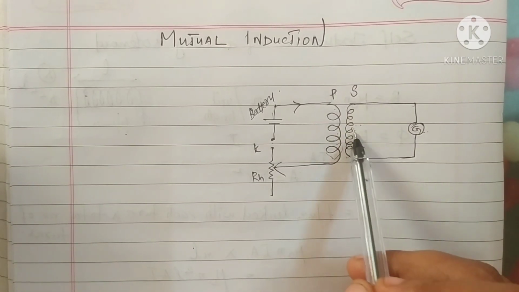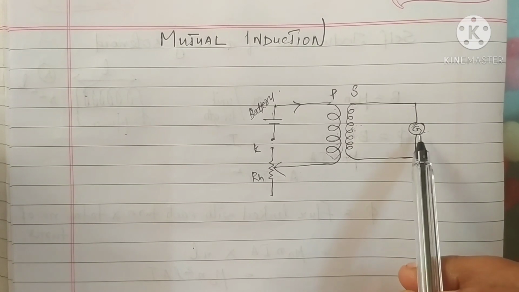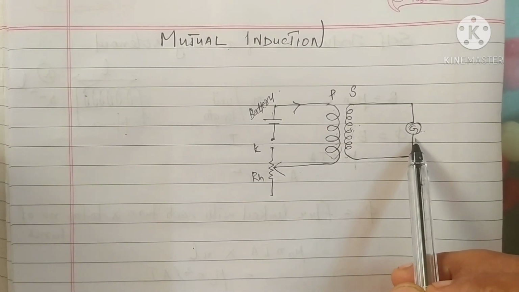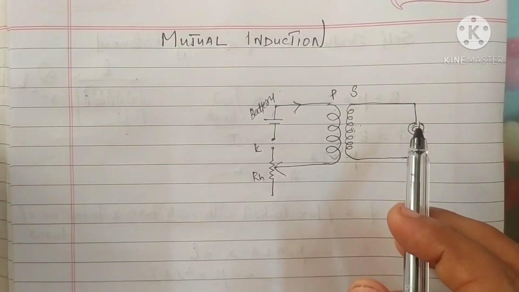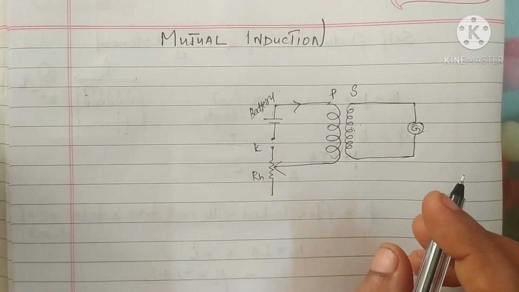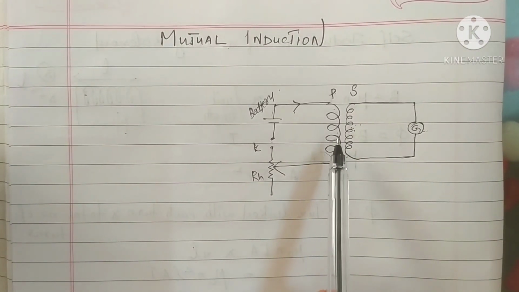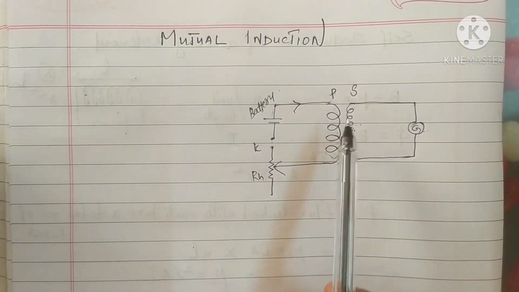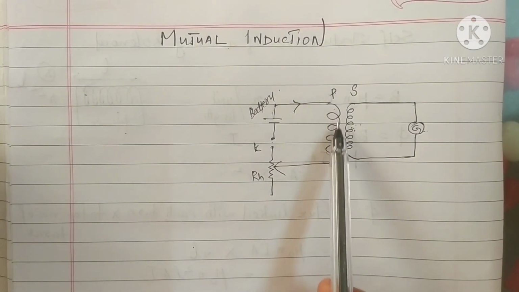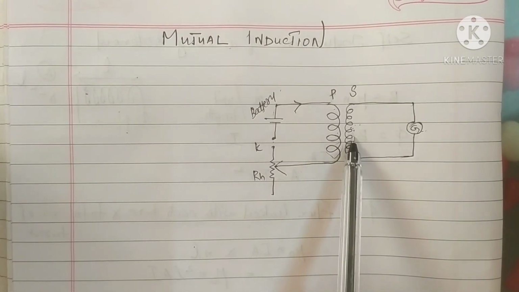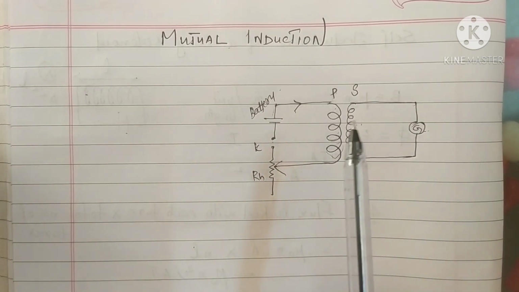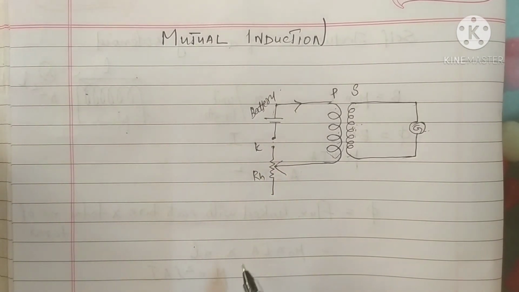So an induced current is produced and the galvanometer shows a deflection. Coil P is the primary coil and coil S is the secondary coil. Here, because of passing current through the primary coil, it induces an EMF in the secondary coil. That is why this phenomenon is known as mutual induction.